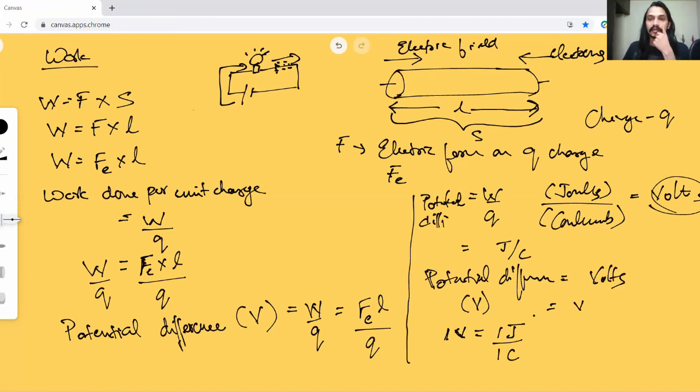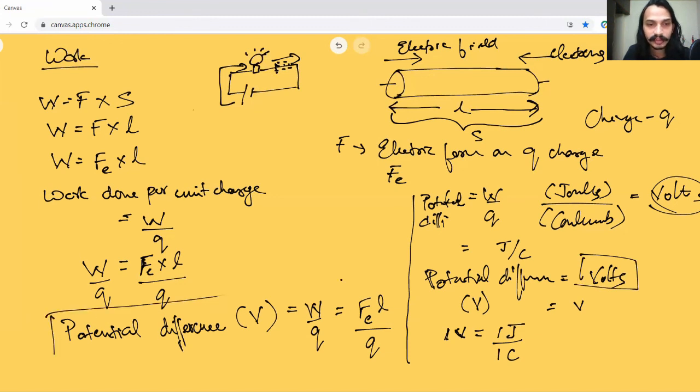Okay, when 1 joule of work is done to move a coulomb of charge. All right, charge, not current. 1 joule of work done to move 1 coulomb of charge, then we say that the potential difference is 1 volt. So just remember this: what is the unit for potential difference, how to calculate it, and how we define it, right?